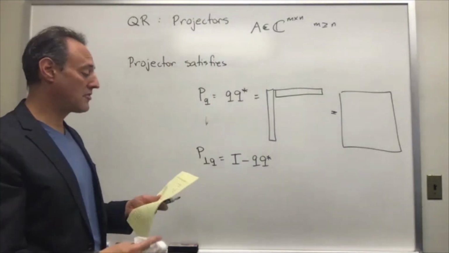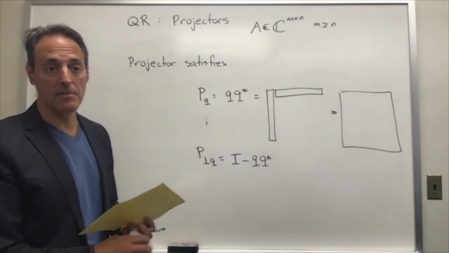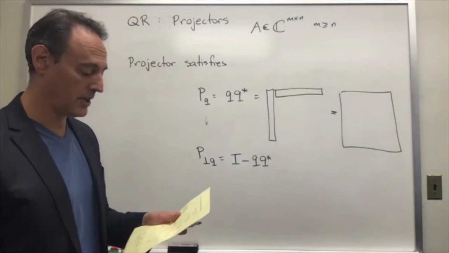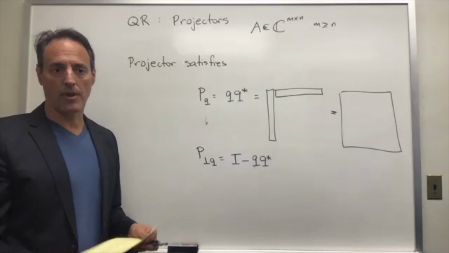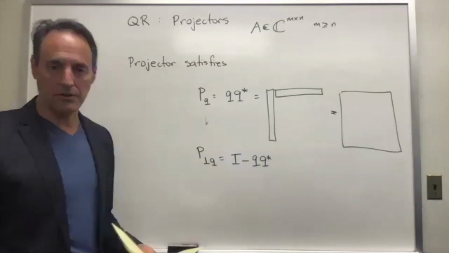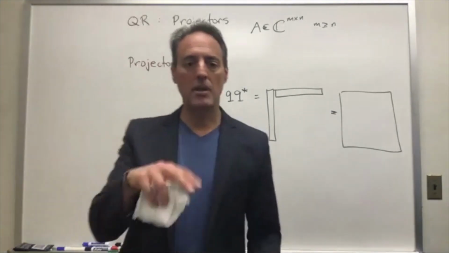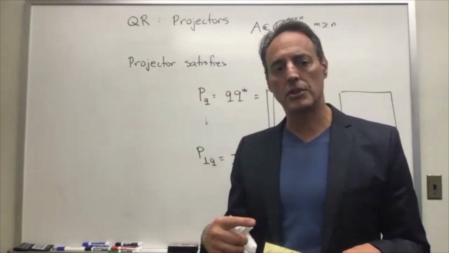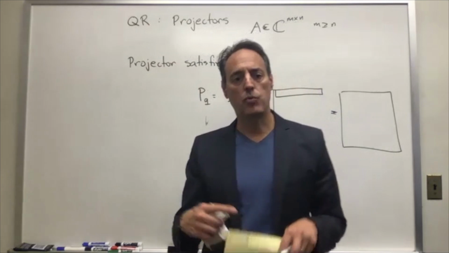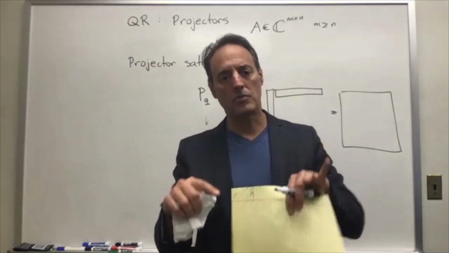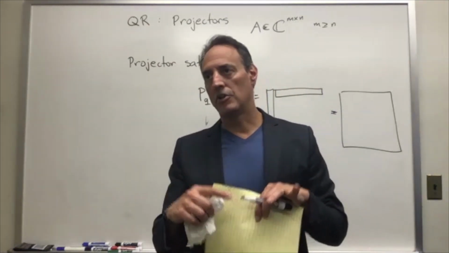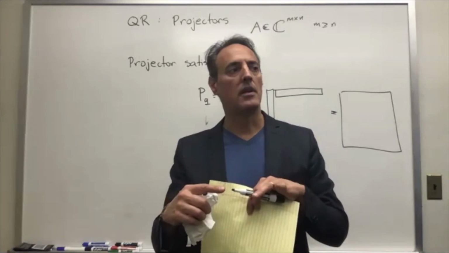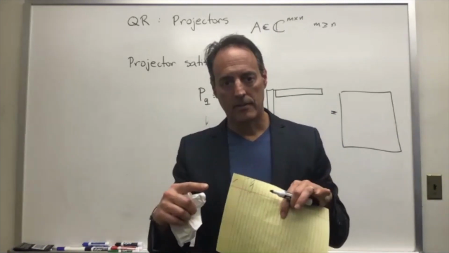All right, so now that we have these projector ideas in mind, let me show you how we're going to change the Gram-Schmidt algorithm using projectors to compute this. Now, what's going to be important is that when we start talking about computing solutions to these linear algebra problems, there are different ways to get this theoretically.